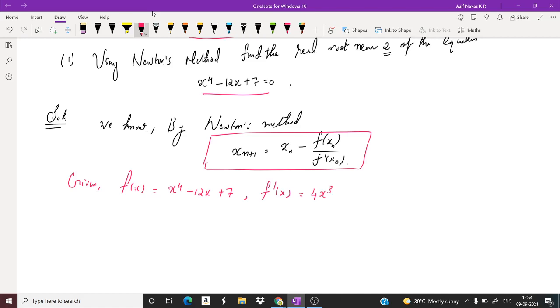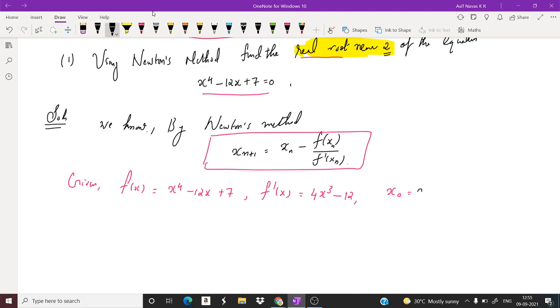4x cube minus 12. And tell me what is x naught. So in this question x naught is given. That means we want to find a real root near 2. Near 2 means we have to find an equation root near 2.